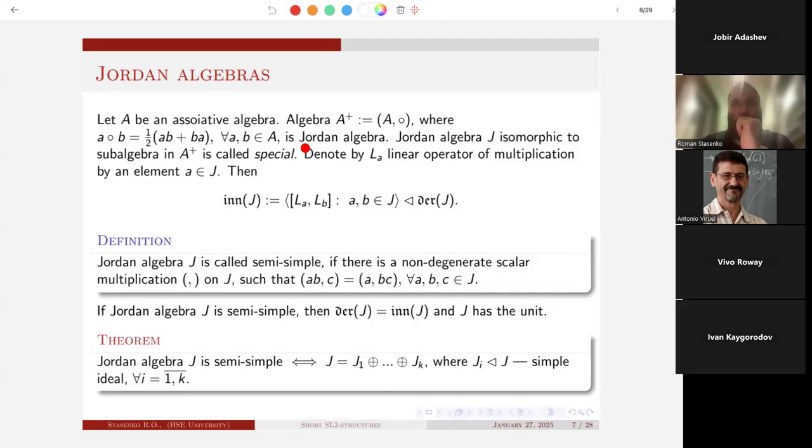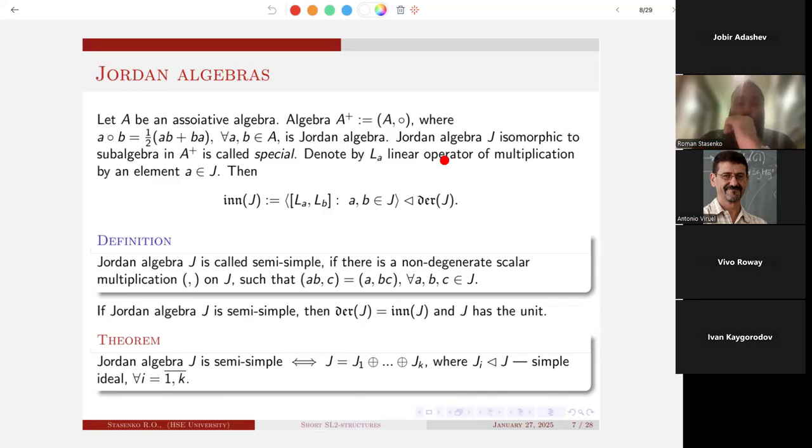It's the Hermitian matrices of order 3 over the octonions. But it is the unique case. Other simple Jordan algebras over the field of complex numbers are special.